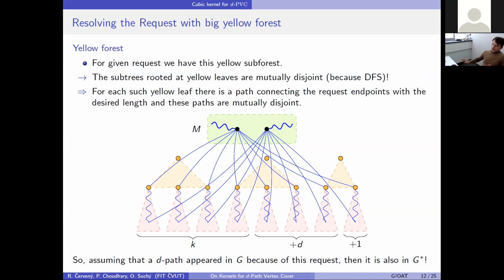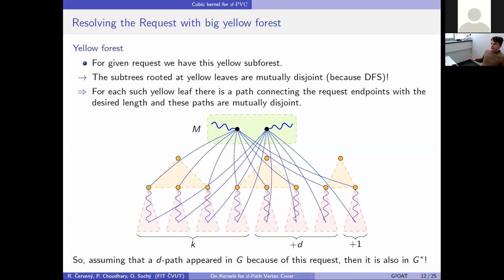Then it may also happen that the problematic path itself somehow compromised the paths connecting the request. But since there is at least one more, there will always be one that is free to reroute the segment of the problematic path.